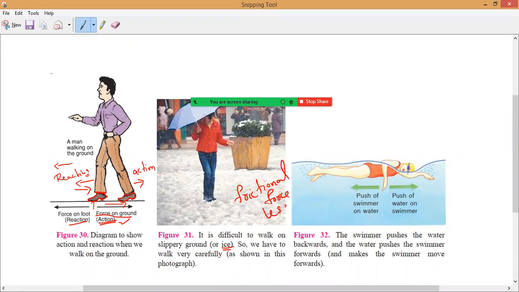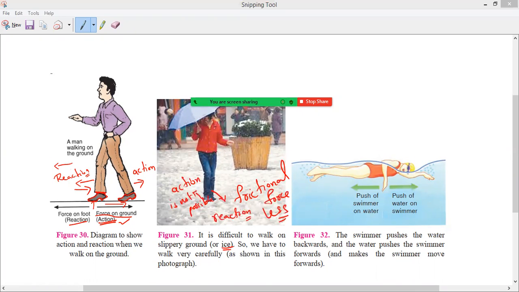So is it possible to exert more action force on the ground? Action is not possible, so we cannot exert that much force on the ground. That is why the ground also cannot exert the reaction on us, so we cannot walk easily. Because of the slippery nature, I cannot exert force.